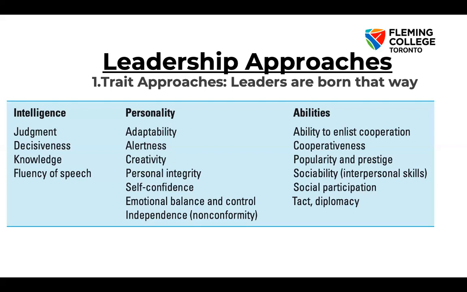But I will talk to somebody who already traveled a few times from Toronto, GTA to Niagara Falls. It will be called expert judgment. All right. So these things are basically traits where we talk about intelligence, knowledge, and fluency of speech.